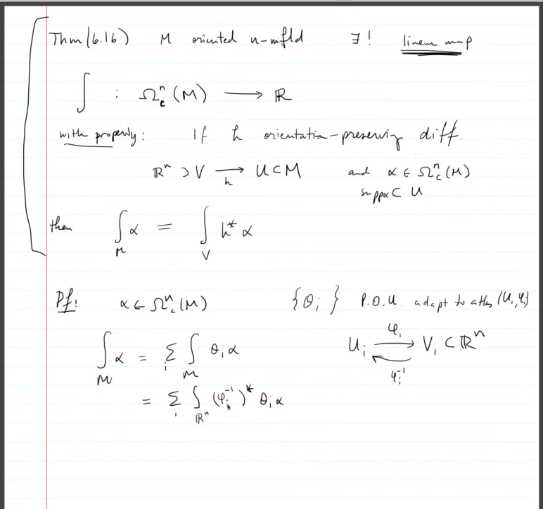All we need to do now is to verify that this particular expression satisfies the conditions of the theorem. So uniqueness follows from just this argument. This is the unique possible map. The only question is whether this map satisfies this condition for any orientation-preserving diffeomorphism, and for this we need to use the change of variables formula, like we discussed.